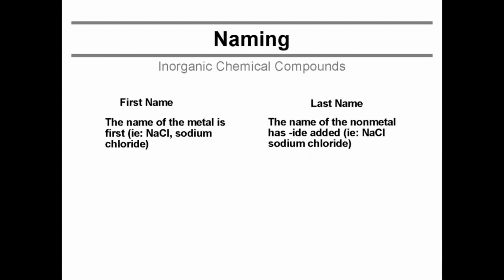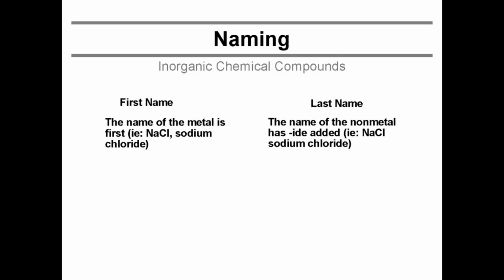And the last name is the nonmetal, or the anion, with IDE attached to its end. So in the case of NaCl, it's sodium chloride. Chlorine would be the element that reacts, and chloride would then be the compound.